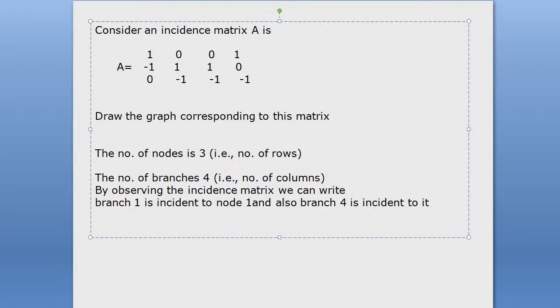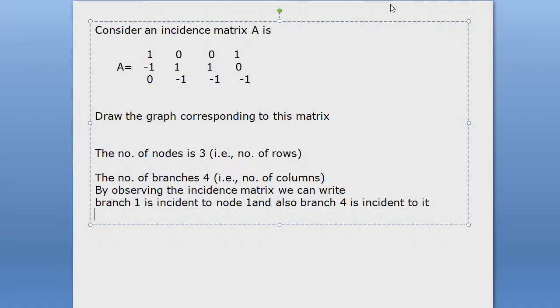Now let me draw the figure. Similarly, you can write the relation between other nodes and other branches. For node 1, branch 2 and branch 3 are not incident to node 1, that's why 0, 0.